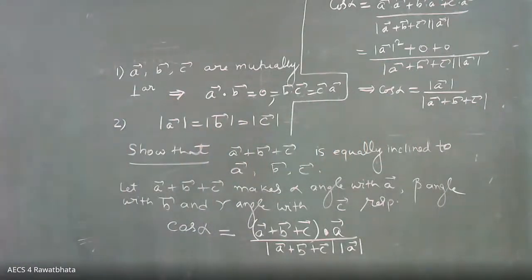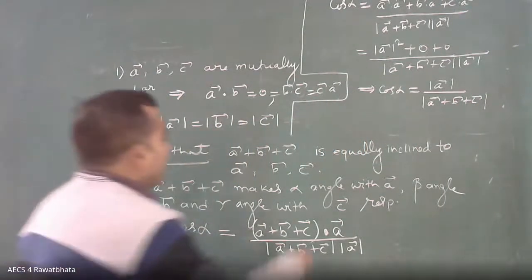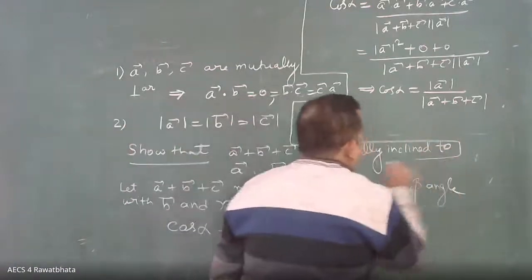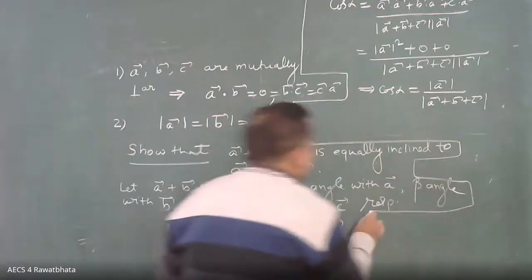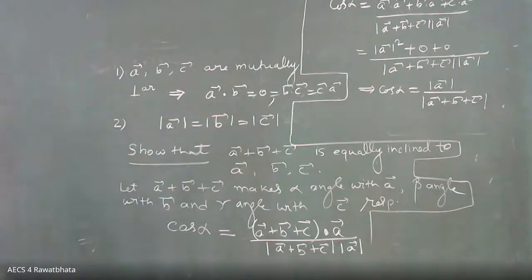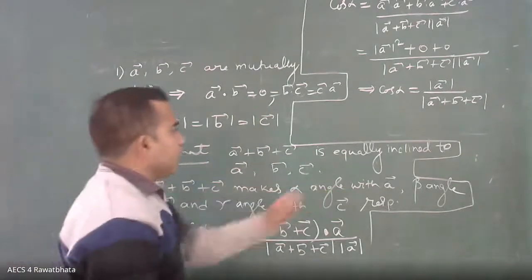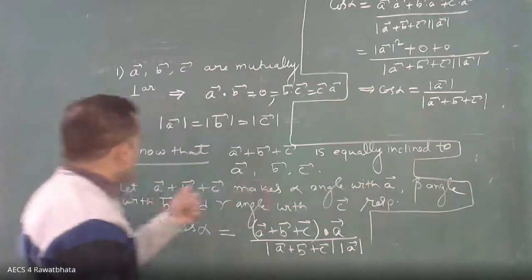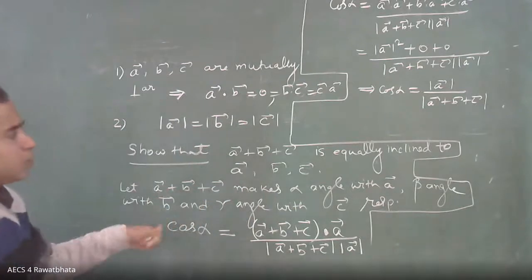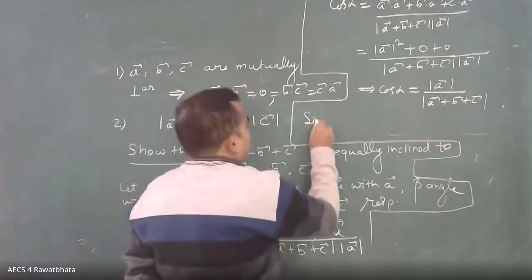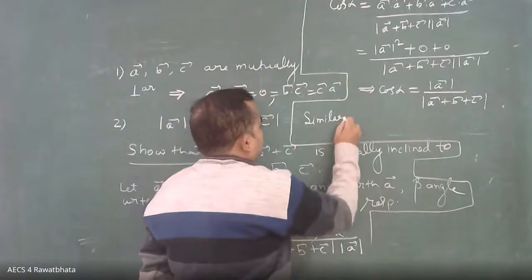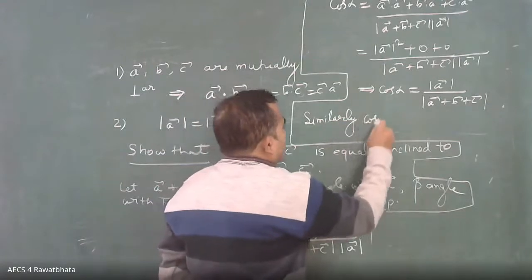Right. And now you can write similarly. As we have calculated cos alpha, where alpha was the angle between A plus B plus C and A, similarly beta is the angle between A plus B plus C and B. So similarly, cos beta becomes how much?